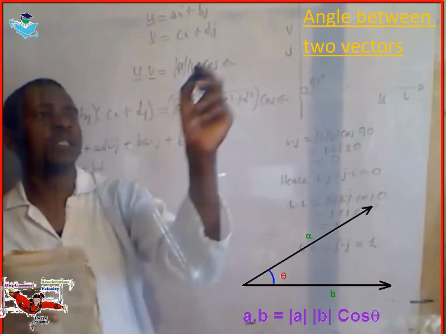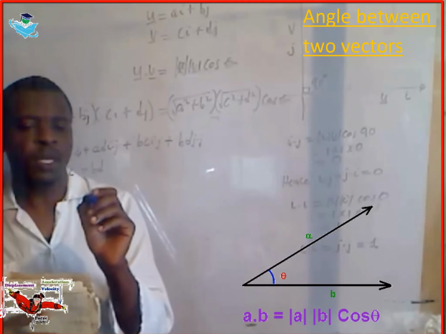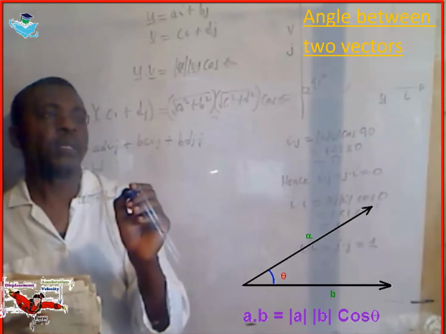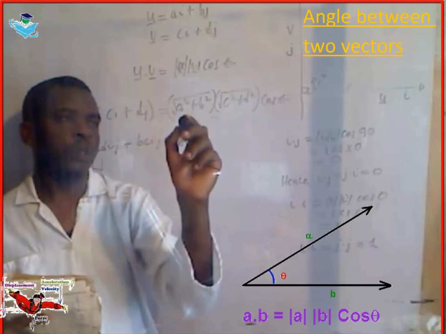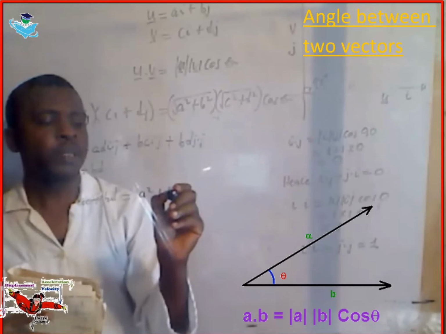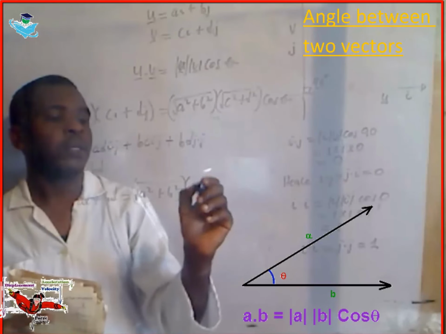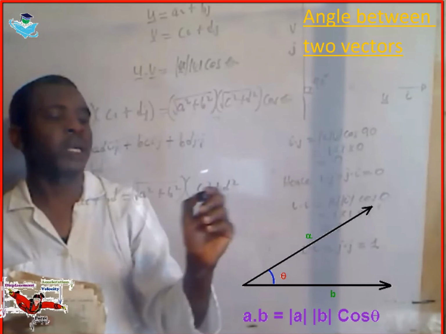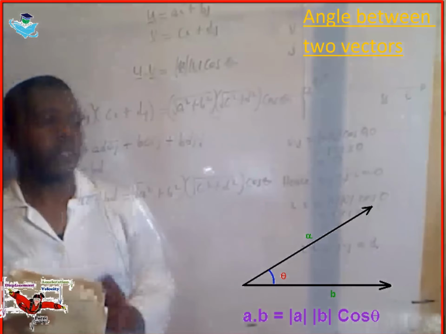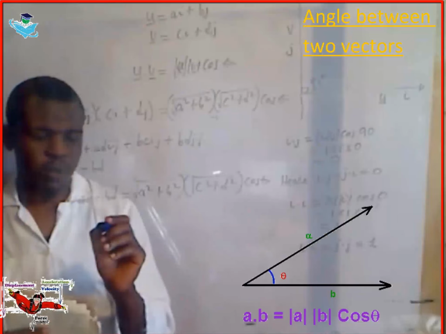Now let's transfer this here. So I'm going to have ac plus bd is equal to the square root of a squared plus b squared times the square root of c squared plus d squared, all times cos theta. So we are looking for the angle. Let's make cos theta the subject.